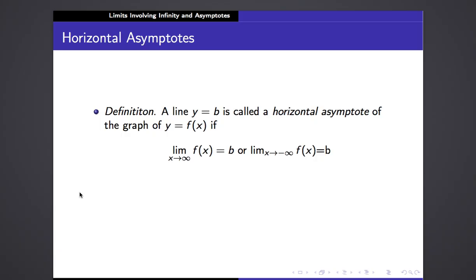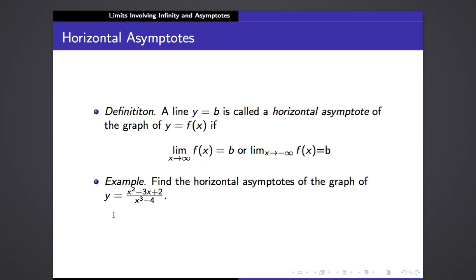What this means is that when x gets larger and larger on either side, when x goes to infinity or to negative infinity, the graph of f of x gets closer and closer to the horizontal line y equals b. That's why it is called a horizontal asymptote.